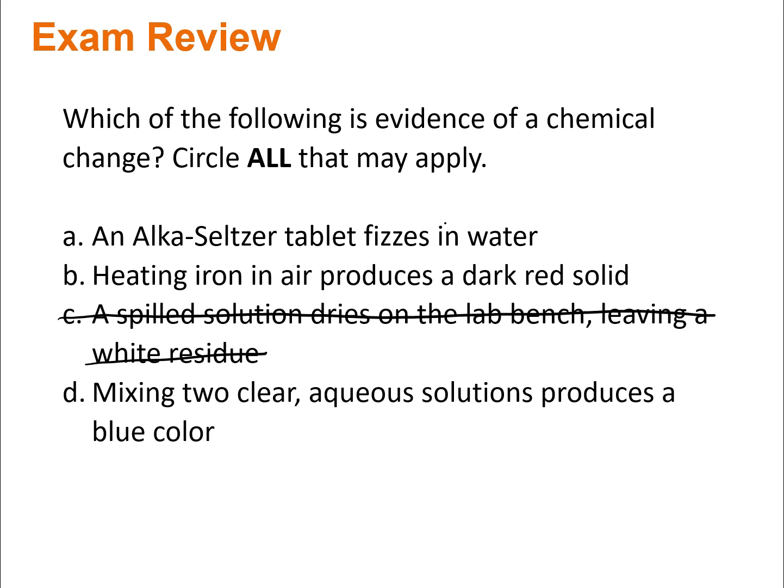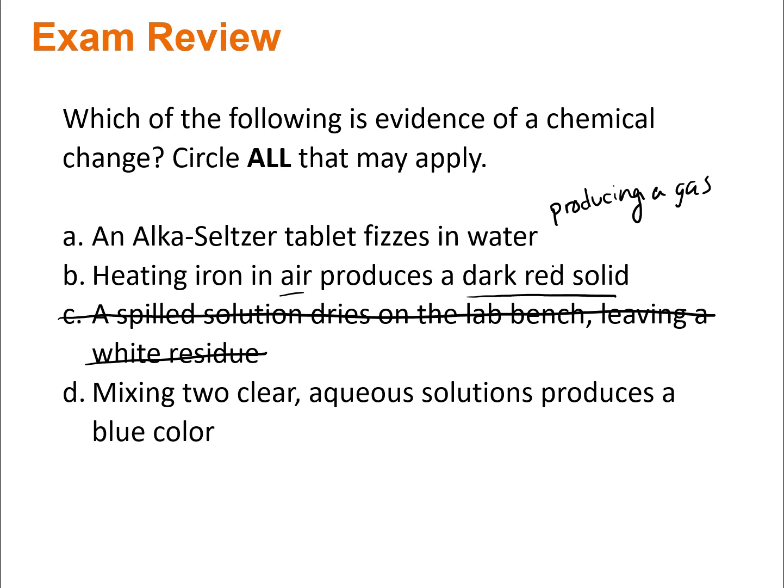So the Alka-Seltzer tablet, when it fizzes in water, that's producing a gas. So fizzing and bubbling, that's evidence of production of a gas, which means you're watching a chemical change. Heating iron and air produces a dark red solid. We're making something new. So we've got iron, we've got air, which has all different types of gases mixed into it, right?